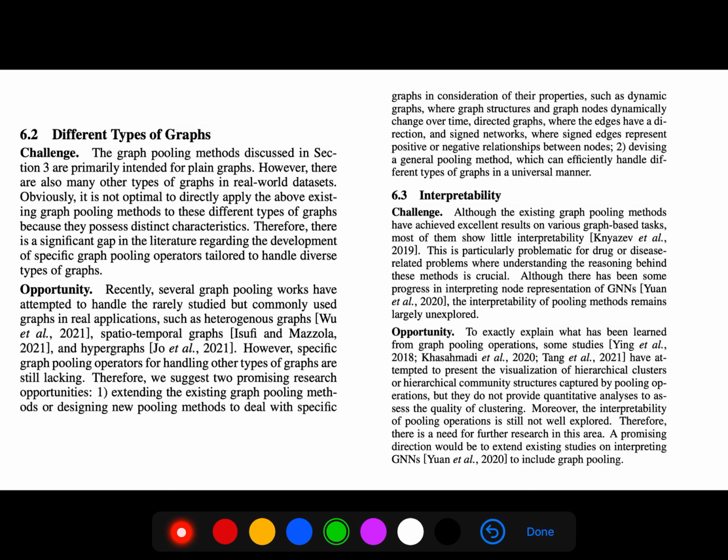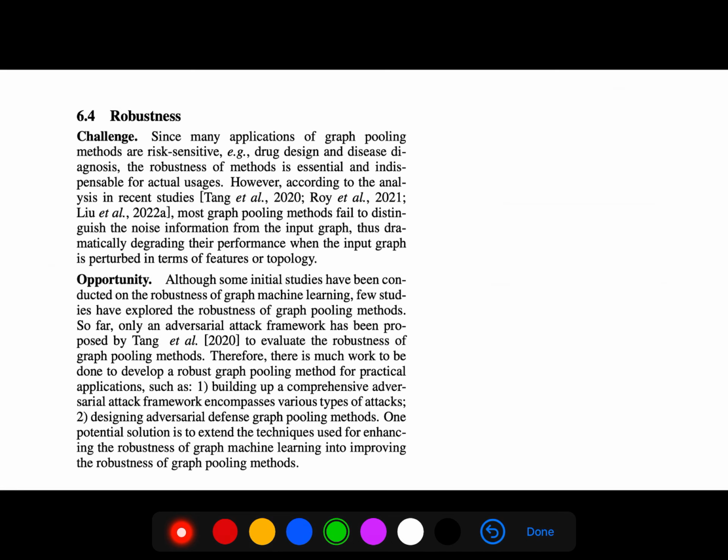This is particularly problematic for drug or disease-related problems. Robustness. Many applications of graph pooling are risk-sensitive: drug design, disease diagnosis. So the opportunity is that although some initial studies have been conducted on the robustness of graph machine learning, few studies have explored the robustness of graph pooling methods.